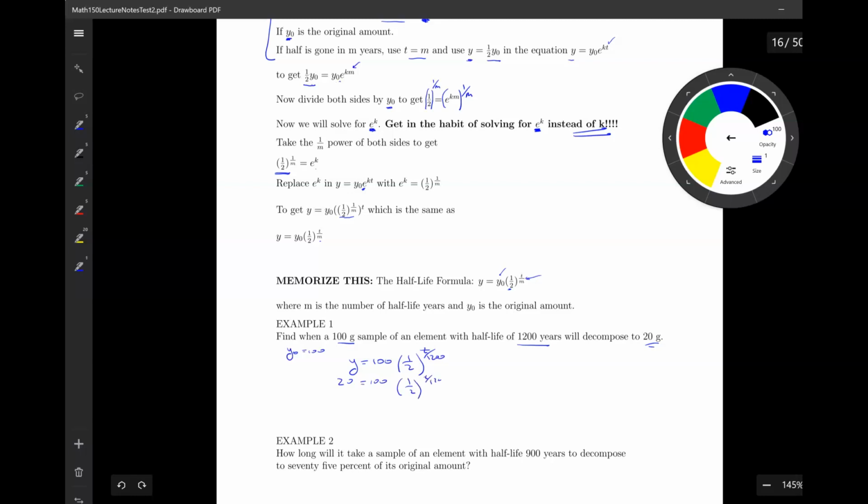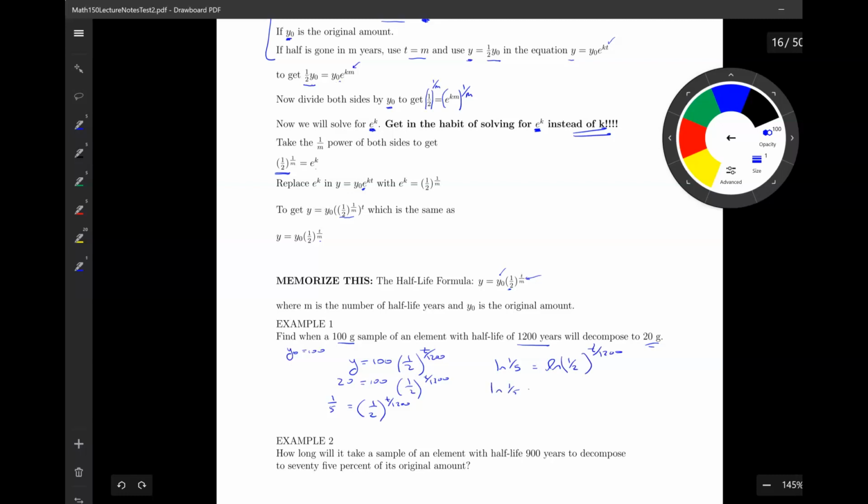equals this. So now this is where I need to solve for the t by taking the ln of both sides. So if I divide through by the 100 first, I get 1/5 equal 1/2 to the t over 1,200. Then I'm going to take the ln of both sides. So I have ln of 1/5 equal ln of 1/2 to the t over 1,200.